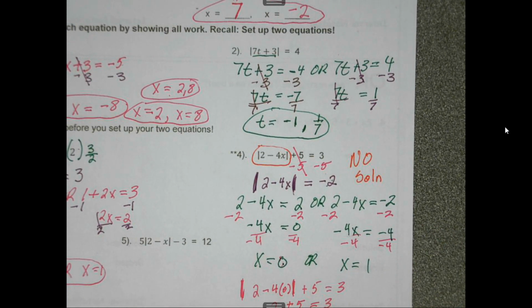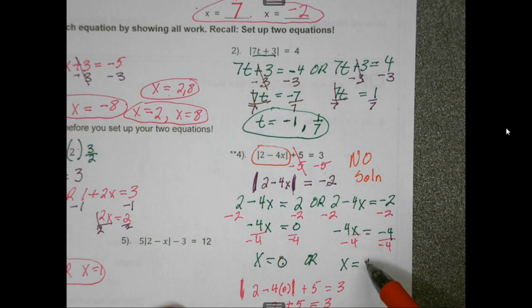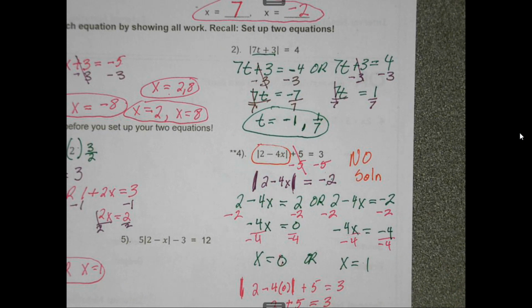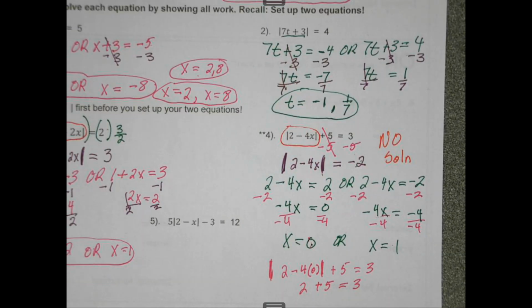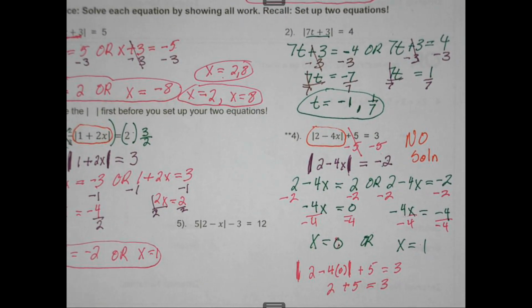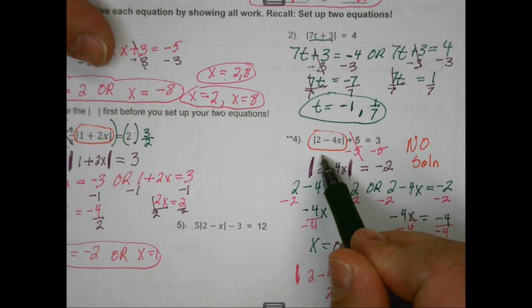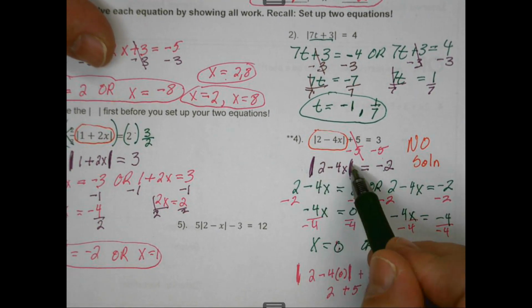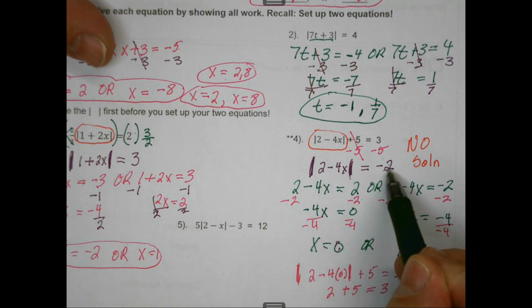All right, number 5, real quick. I'm going to add 3. Well, I have to see how I have to get these absolute value bars by themselves. A couple operations I have to do here. So I'm going to add 3 to both sides first.